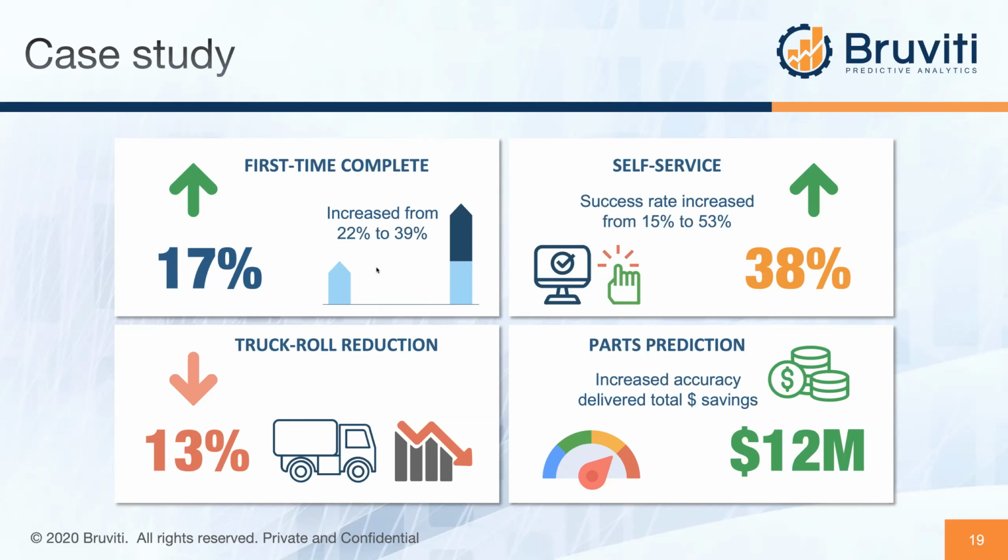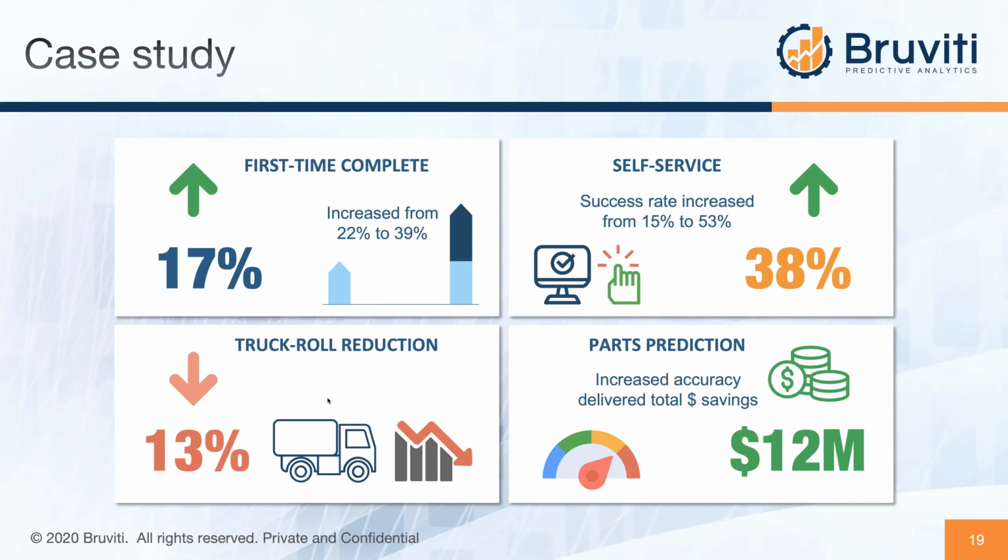So the one thing I want to say, a couple of other things around parts prediction and its cost benefits. In this case, we were dealing with an OEM that had their own employed service technicians, and to some degree a tight range of products.